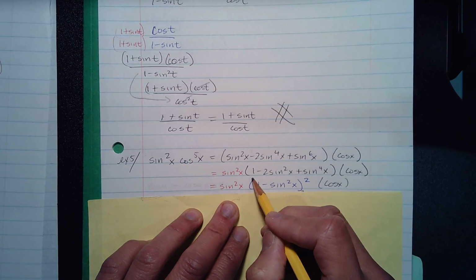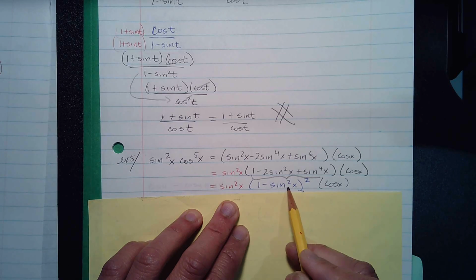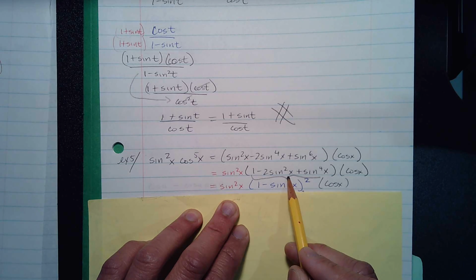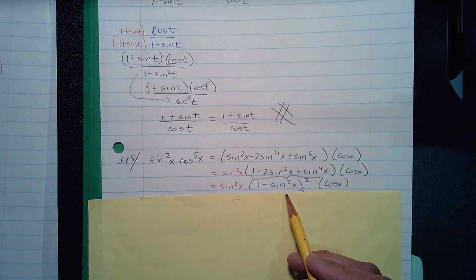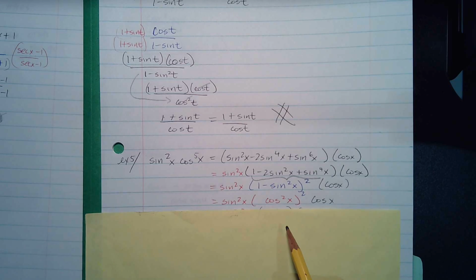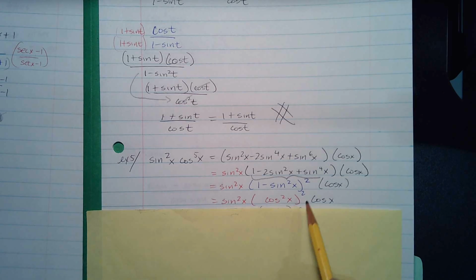This here is equivalent to 1 minus sine squared x, squared. If you factor this, this is 1 minus sine squared x times 1 minus sine squared x, which is 1 minus sine squared x squared. Okay, so now what's going to happen is this here, 1 minus sine squared x, is cosine squared x, squared.